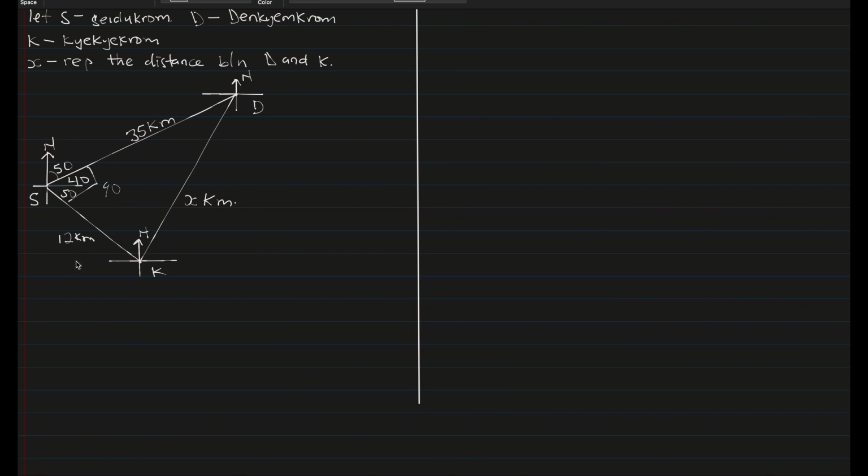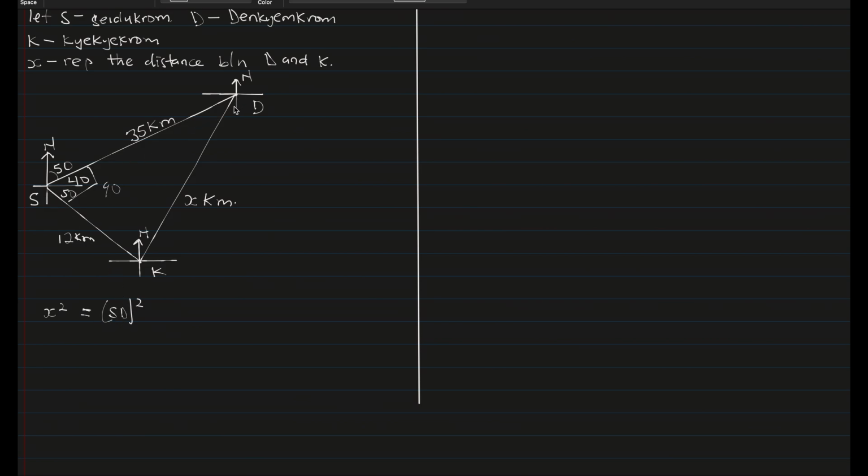So let's calculate for the distance between Denchemkurum and Chichikurum using the Pythagoras Theorem. So we have X squared, the distance between Denchemkurum and Chichikurum, is equal to SD squared. What is SD?